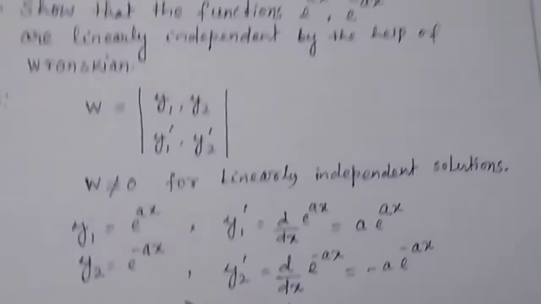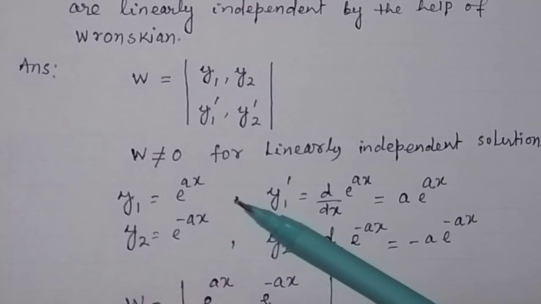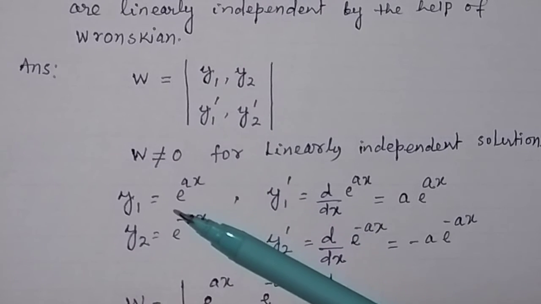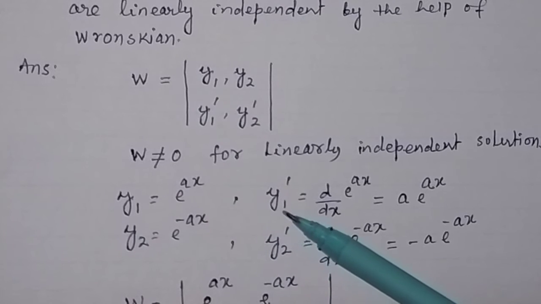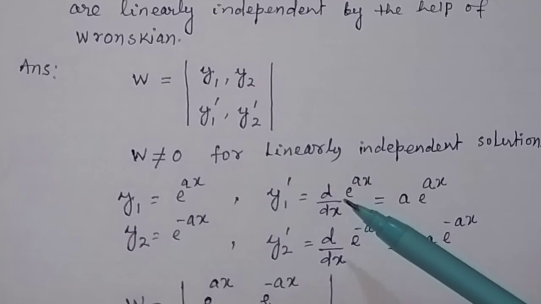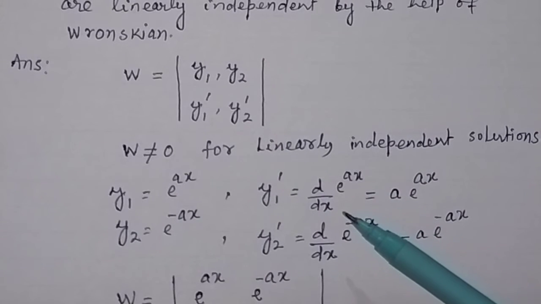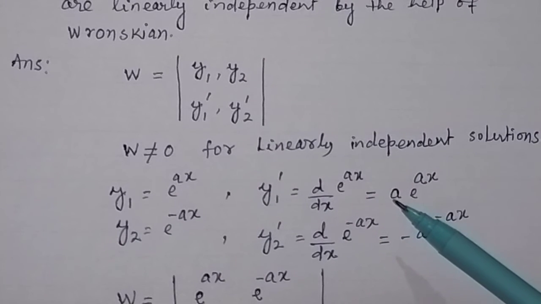Here the solution or function y1 is e to the power ax. So the first derivative y1 dash is equal to the derivative of e to the power ax with respect to x, that is equal to a e to the power ax.